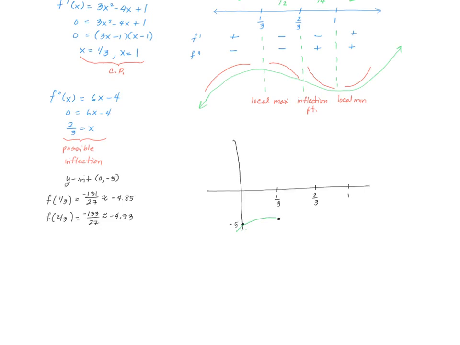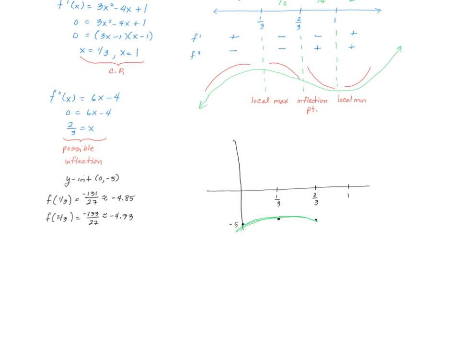So it's not going to come down too much. So again, we're looking at concave down, but a very, very slight curve. Then we get an inflection point at 2/3, and it's going to be concave up.